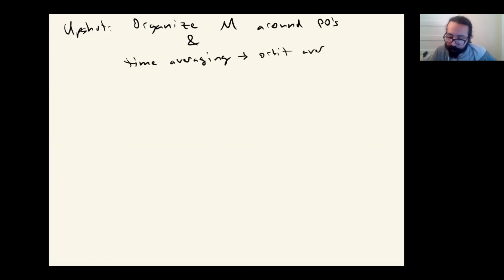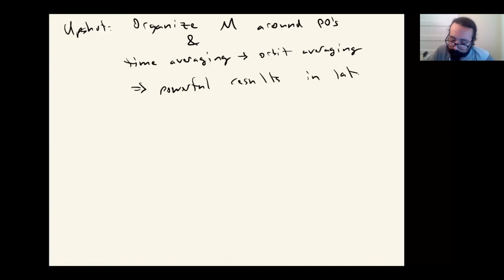It's probably not a great name, but these 2 steps will then lead to powerful results in, let's say, the late time limit. So for late time behavior, we'll get a lot of mileage out of these 2 things.